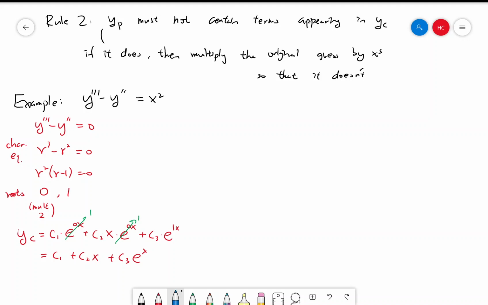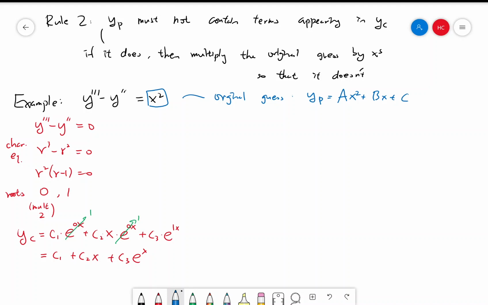Now we want to guess our particular solution. If we look at the right hand side, then our original guess is YP is a polynomial of degree 2. So the original guess is YP equals ax squared plus bx plus c.